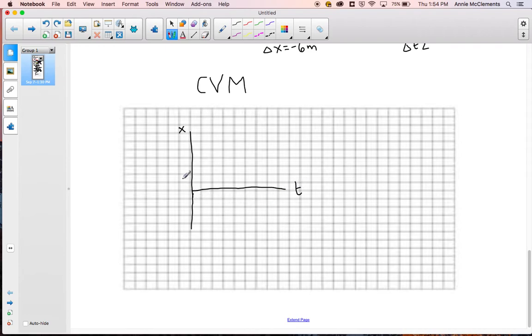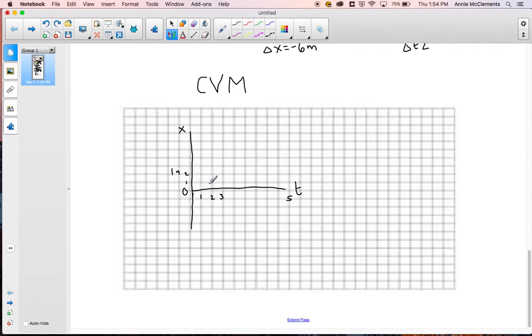We have an object that starts at the origin. Each of these squares I'm going to call 1 second. Similarly, each square on this side I will call 1 meter. So that's 1, 2, you get the picture, right?